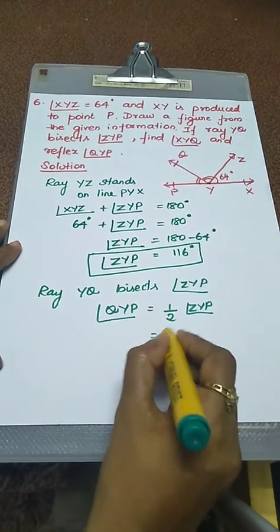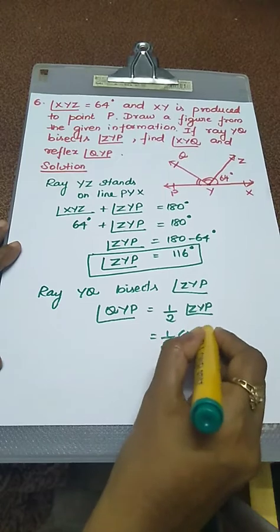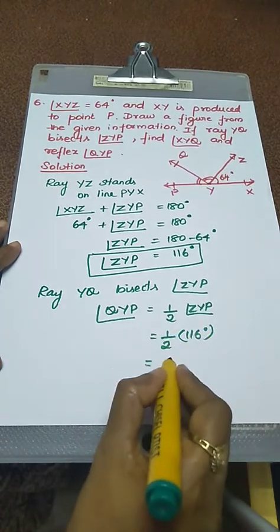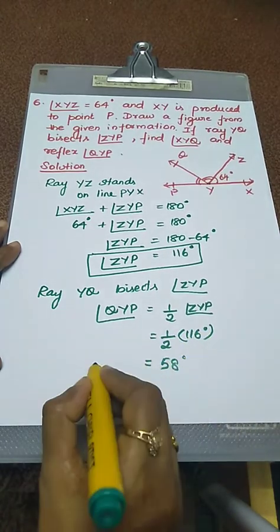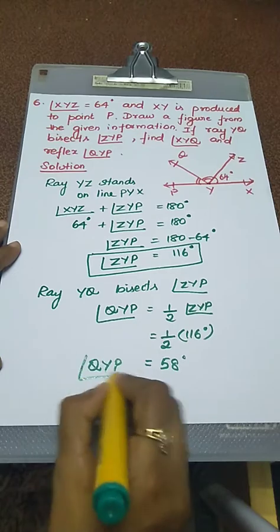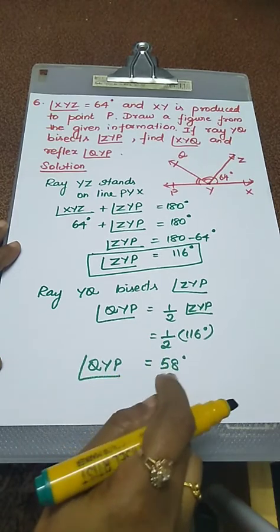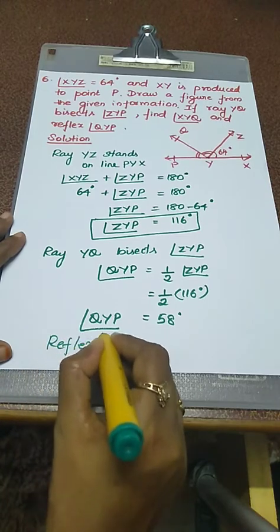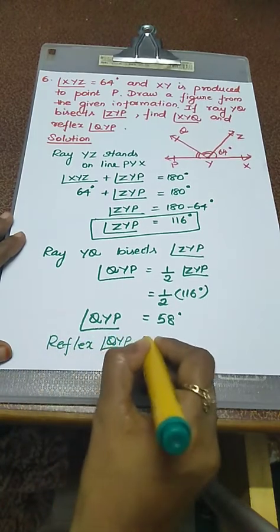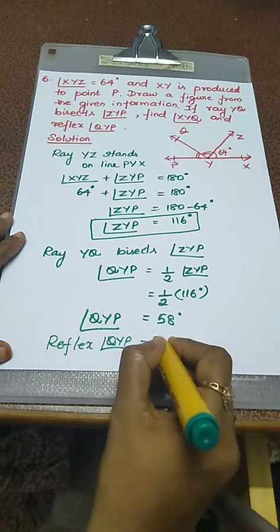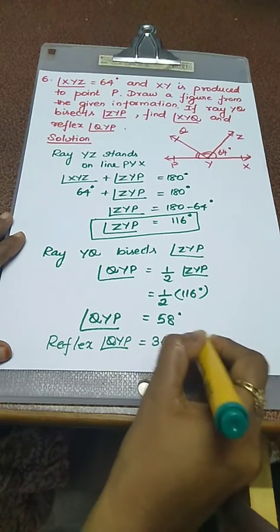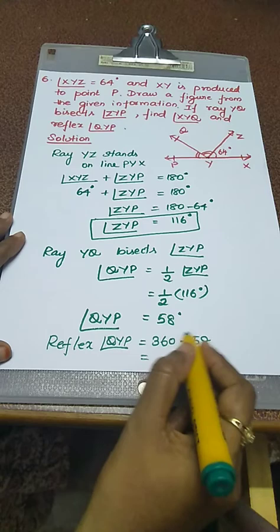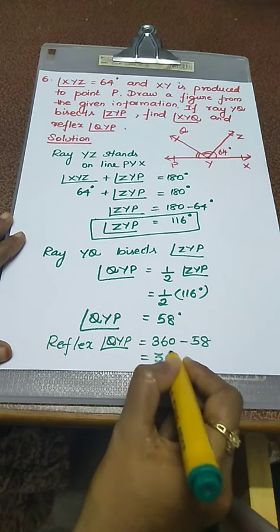What is the ZYP value? That is 116. So apply the value here. So divide the value. What is the answer? 58 degree. So QYP is equal to 58 degree. Easily we have to calculate the reflex angle QYP. Reflex angle QYP is equal to, how can we get? 360 minus 58. What is the answer? 360 minus 58, the answer is 302.